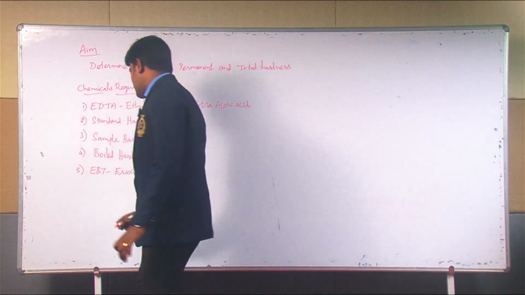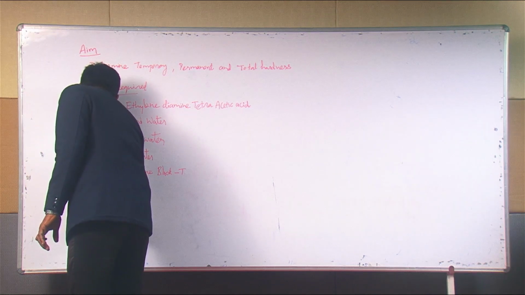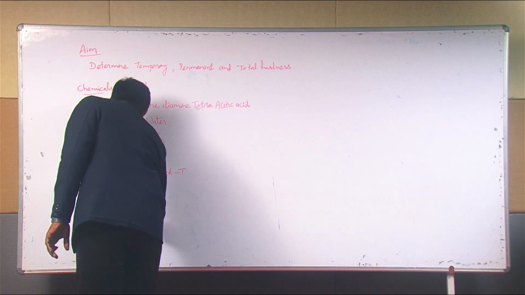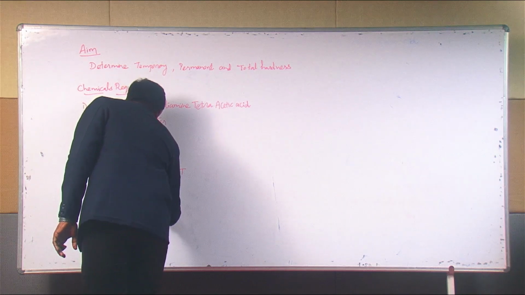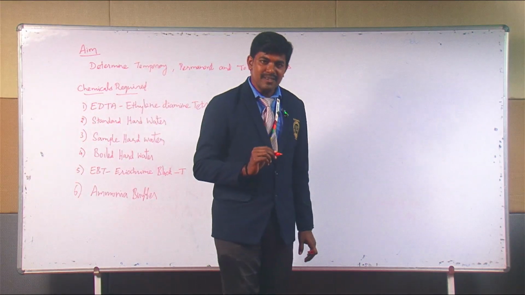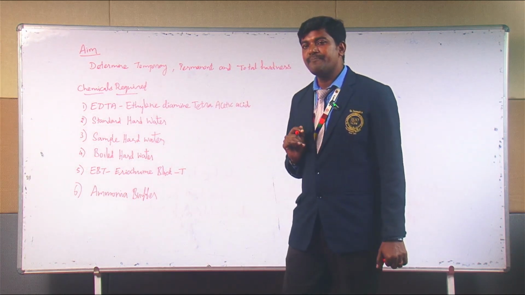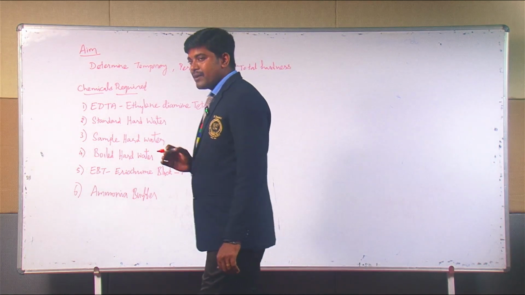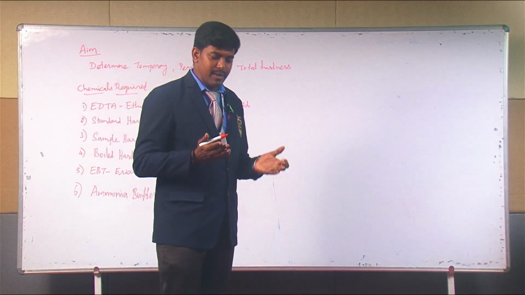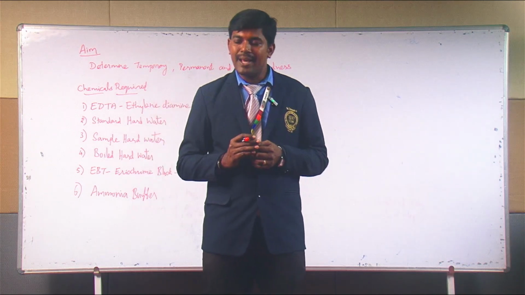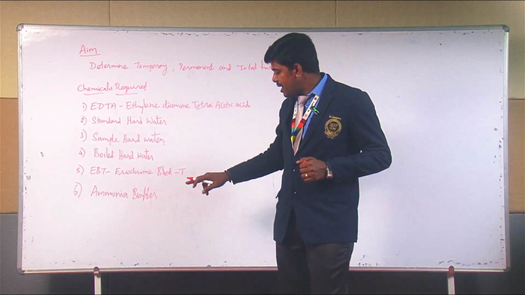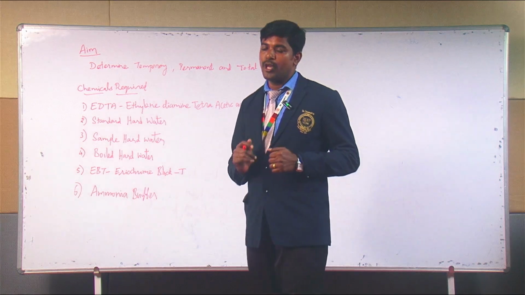In addition to that, we will use ammonia buffer. Now the question may arise, what is meant by buffer? What is the role of buffer in the titration? Buffer is used to maintain the pH. Two types of buffer can be utilized, acid buffer and base buffer. In this titration, we are using a base buffer, that is the ammonia buffer.